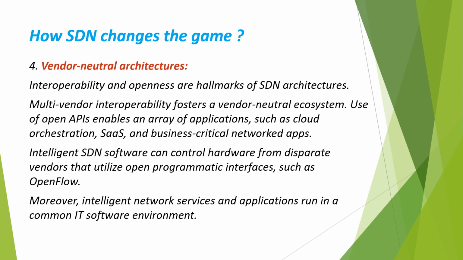Now, each vendor which wants to be part of the SDN has to support OpenFlow. So that will bring all the device vendors on a single line, and it will allow SDN software to control the hardware in a more effective way.